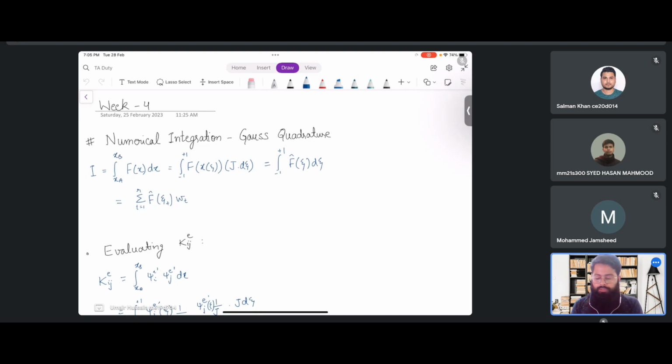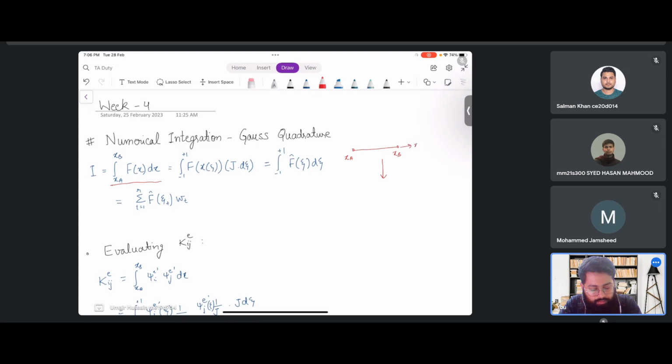So basically, if we are given some random function which is integrated between some limits xa to xb, we can convert the domain of that integration to the natural coordinate system. So we discussed that we can use a mapping function.